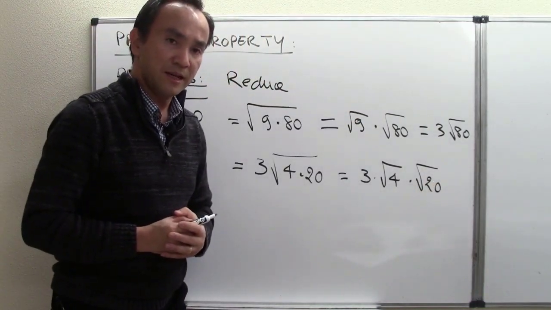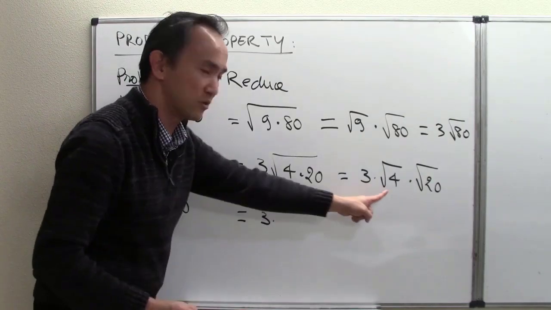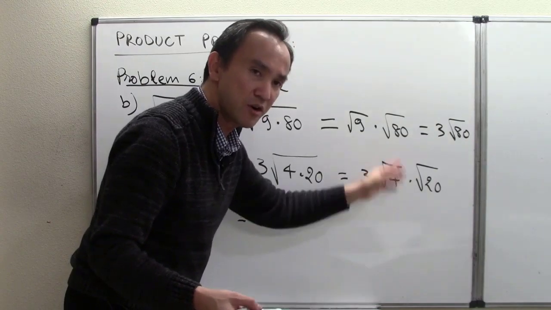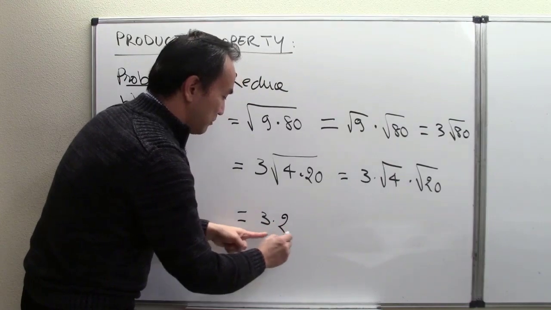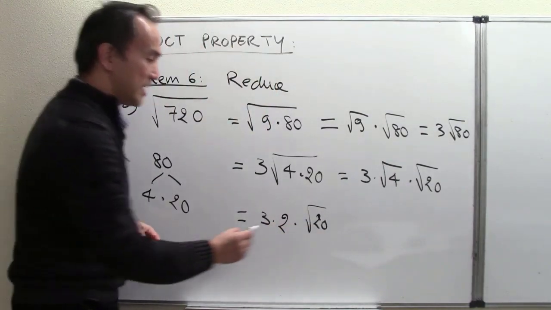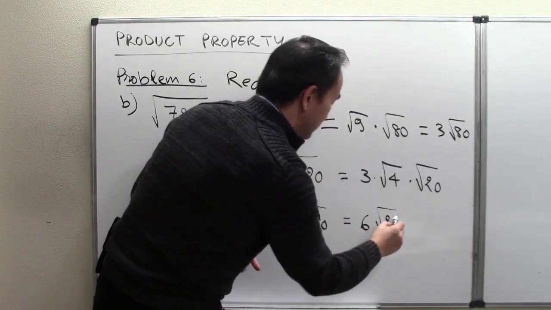And so that makes it 3 times the square root of 4, which is 2. So 3 times 2 times the square root of 20. And so we end up with 6 times the square root of 20.